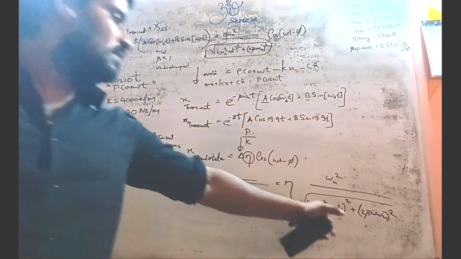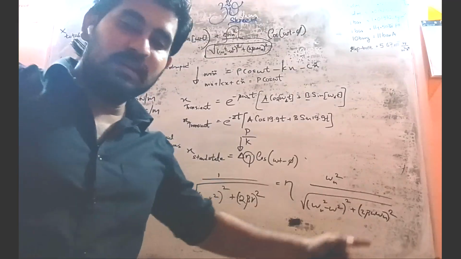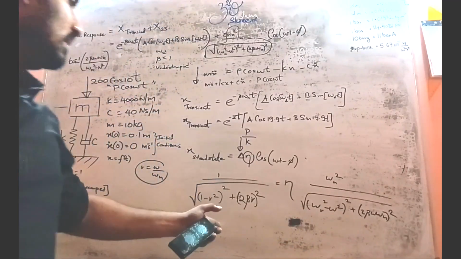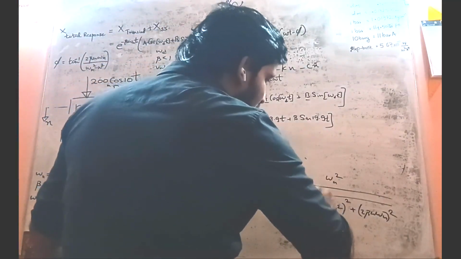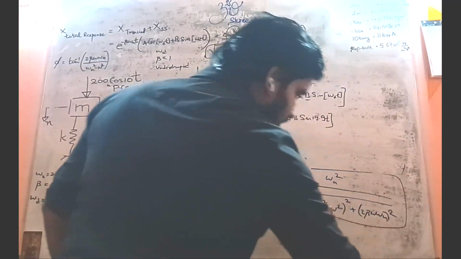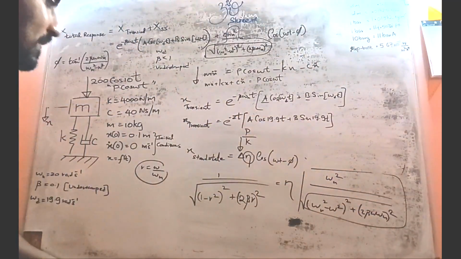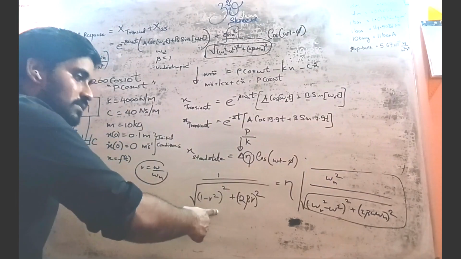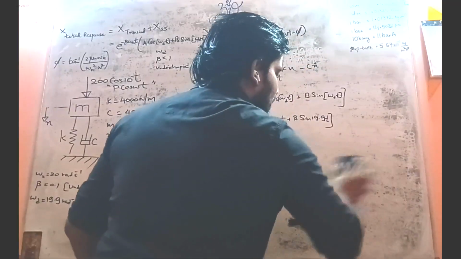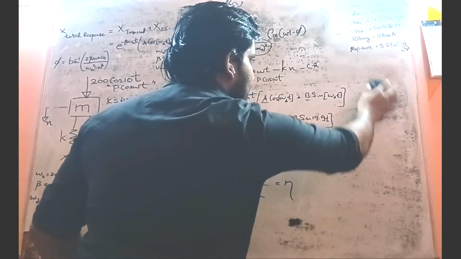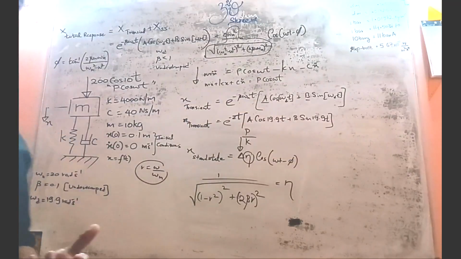We could simplify it up to here, but we do not call that the dynamic magnification; we define dynamic magnification as this, just for the purpose of simplification, because every time we need to keep the most simplified version.